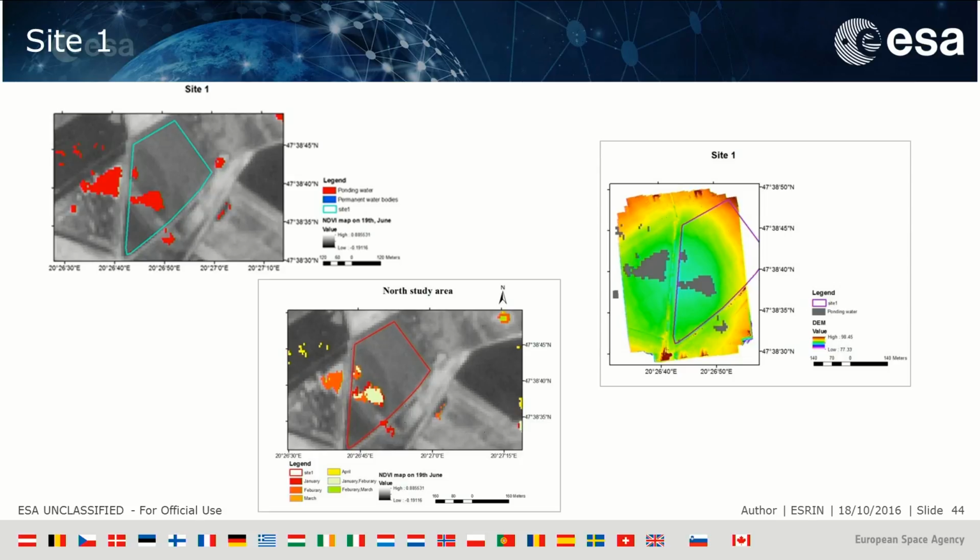And these depressions geometrically coincided very much with the low backscattering pixels of the Sentinel-1 image time series. And the other was looking at the crops as well, and the failure of the crops.